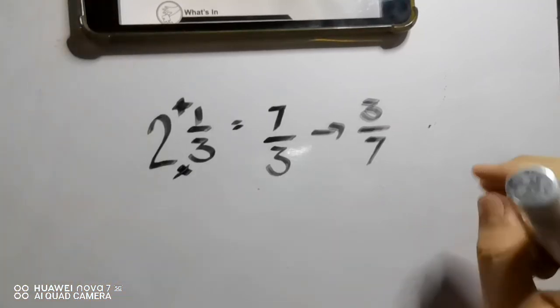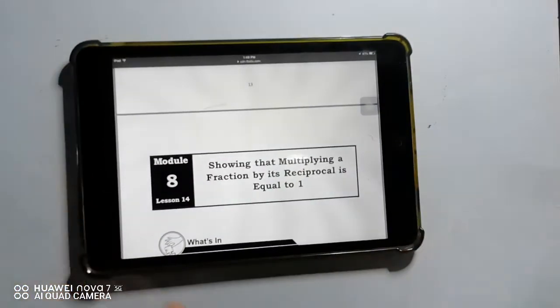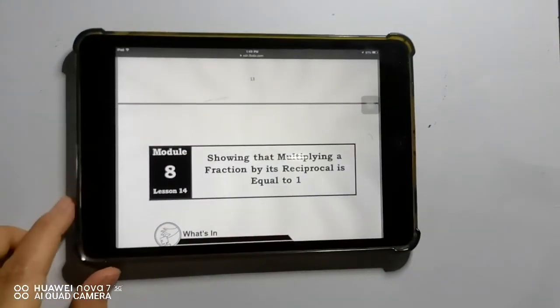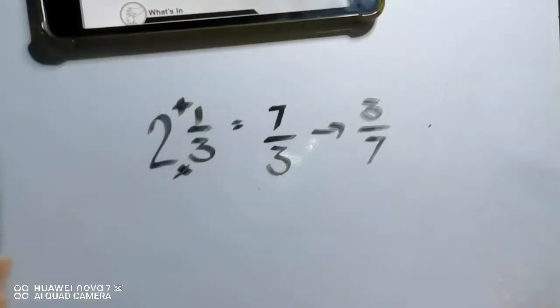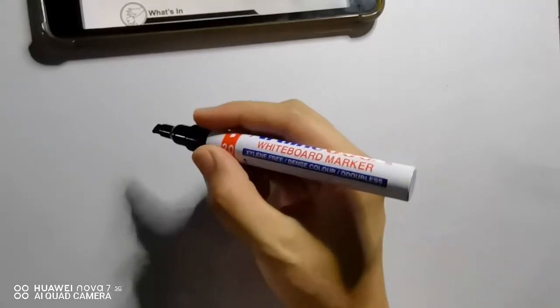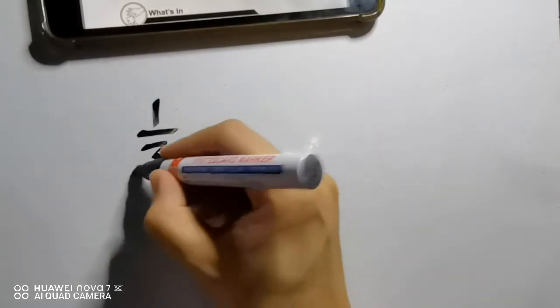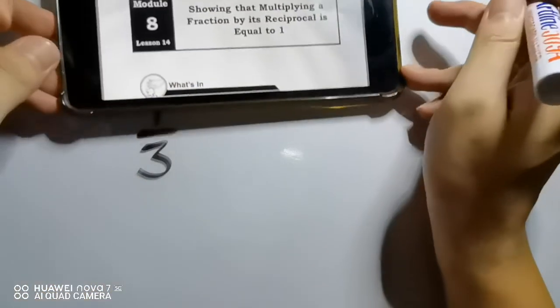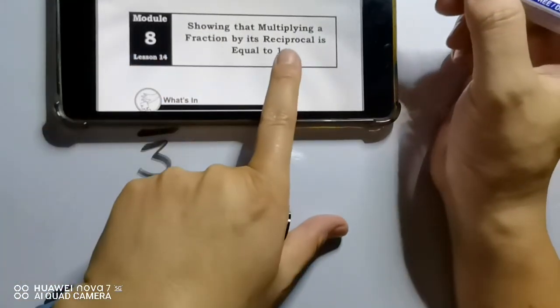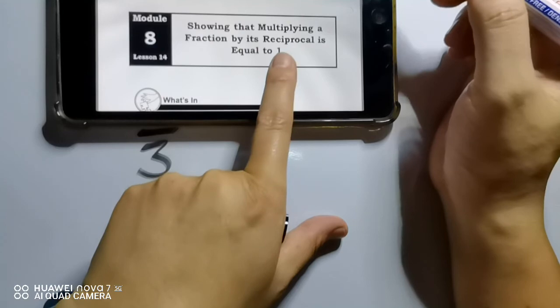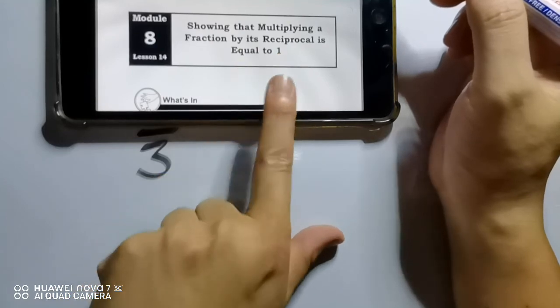Yan. As you can see, sabi sa ating lesson, showing that multiplying a fraction by its reciprocal is equal to 1. Okay, paano ba nangyari yun? Ipakita natin. So, let's say, ang given natin ay 1/3. Remember, ang sabi sa atin ay showing that multiplying a fraction by its reciprocal is equal to 1.